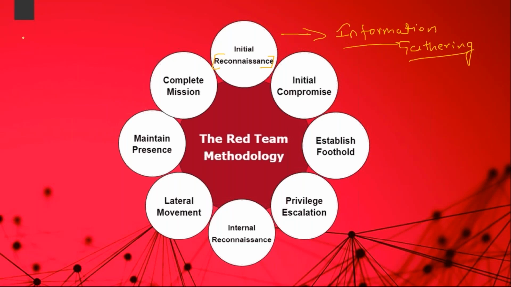We use something called open source intelligence. It is also a framework which gives you all the information about the target. There are different tools and websites that will give you lots of things about your target.